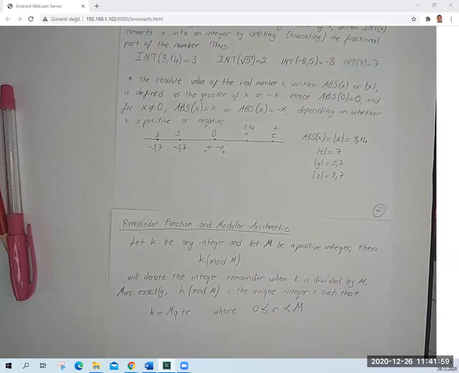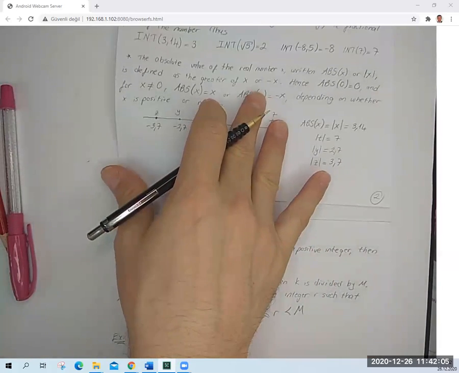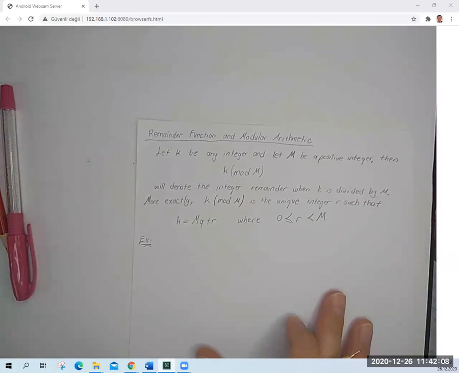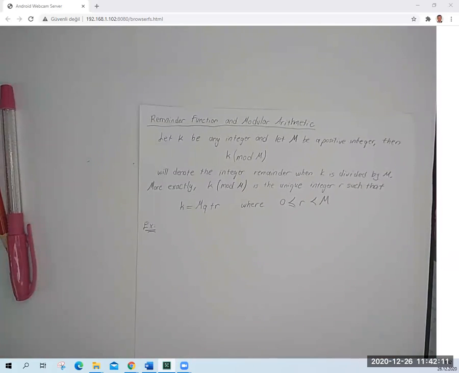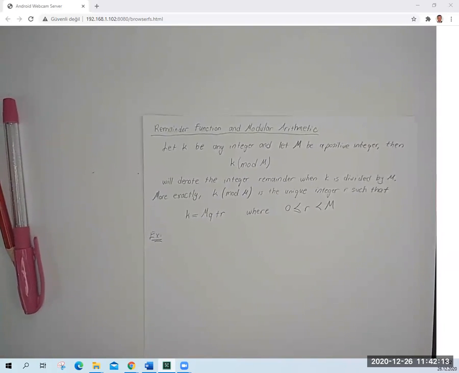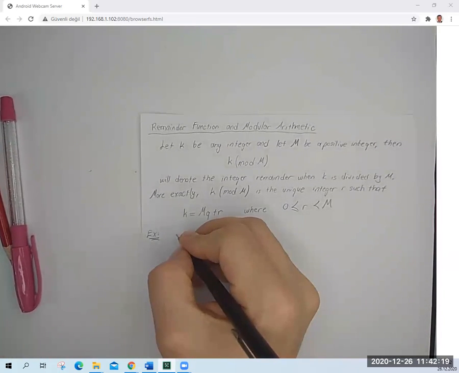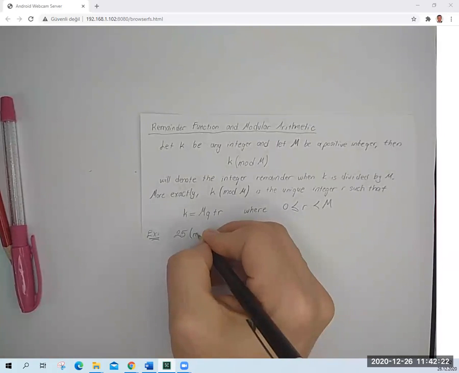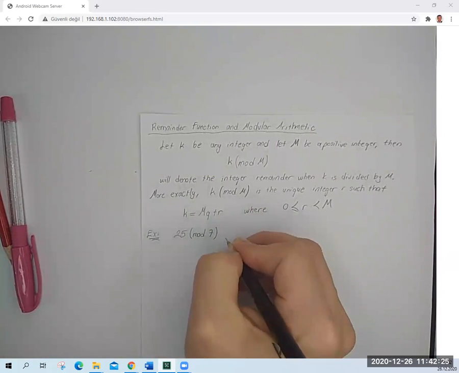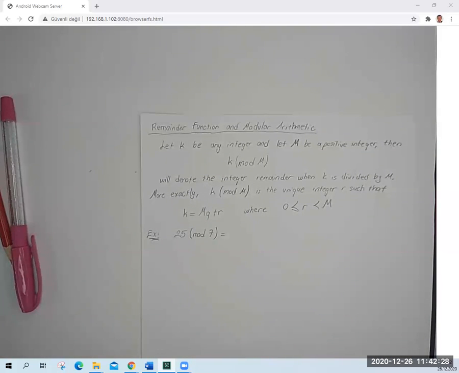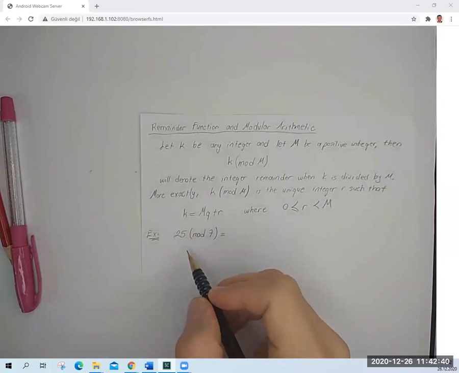So you can write some examples. For example, 25 modulo 7. What is it going to be? Yes, 4. How? We divide 25, right?